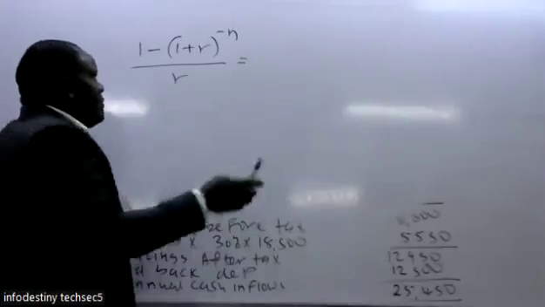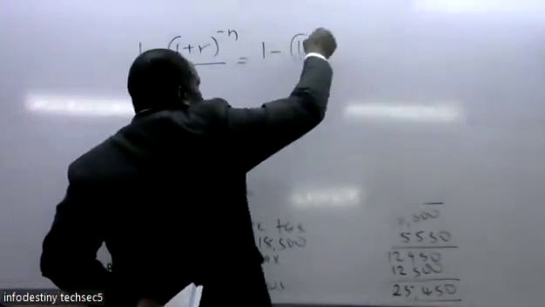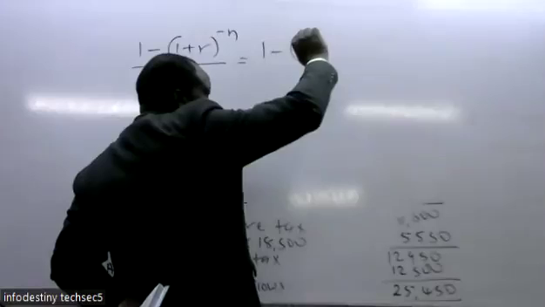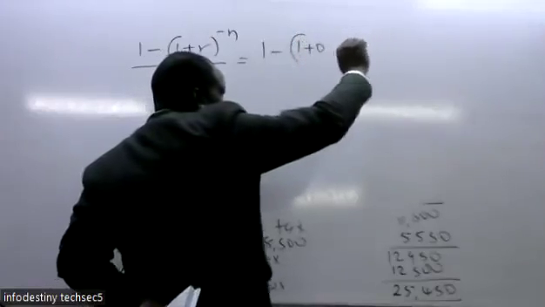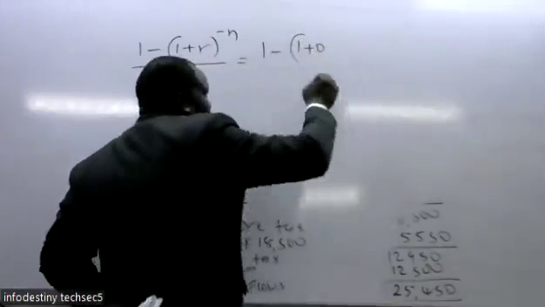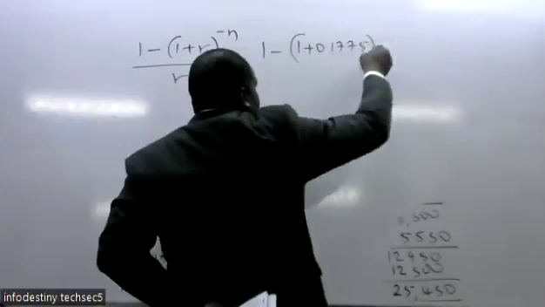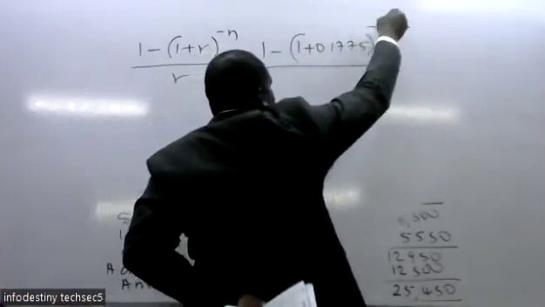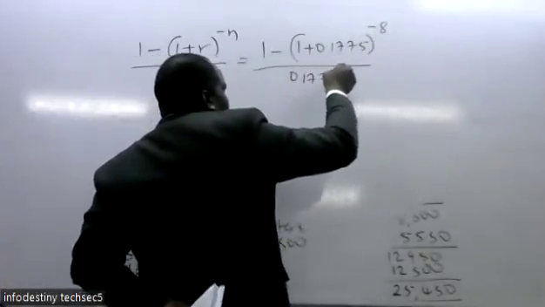So it should be 1 minus 1 plus 0.1775, correct? So n should be 8 years, also divide by 0.1775.